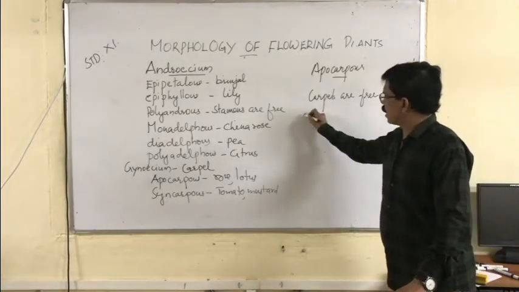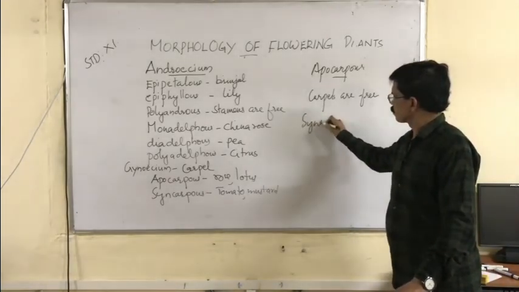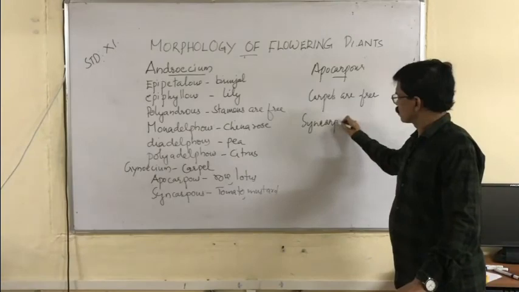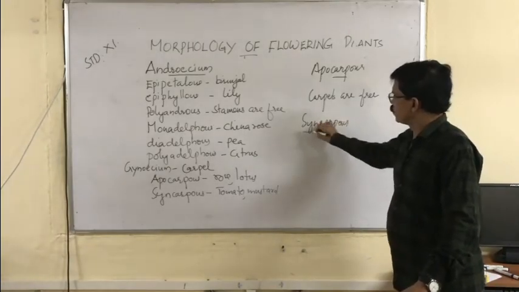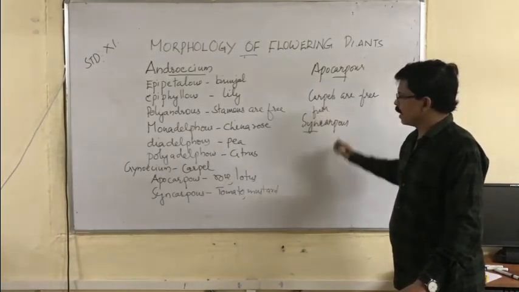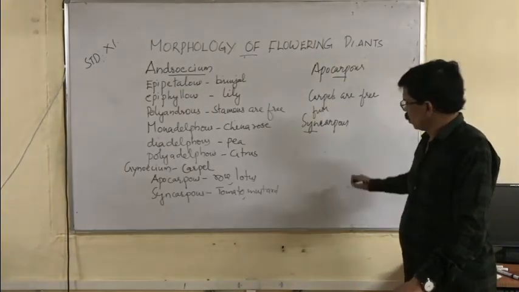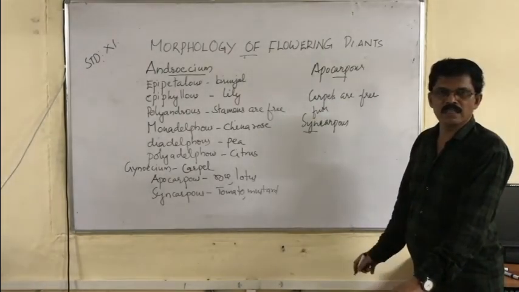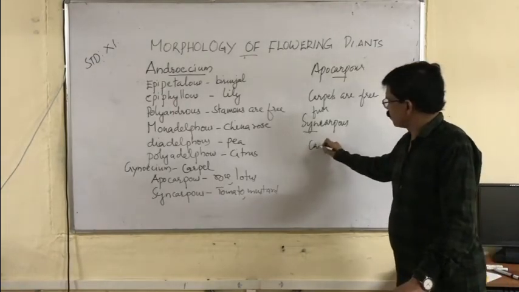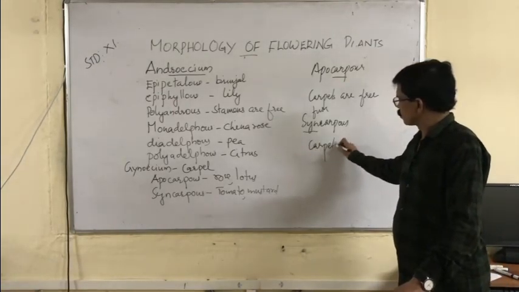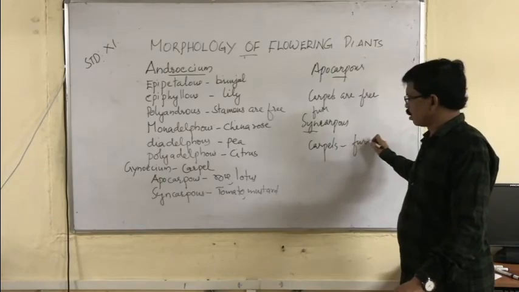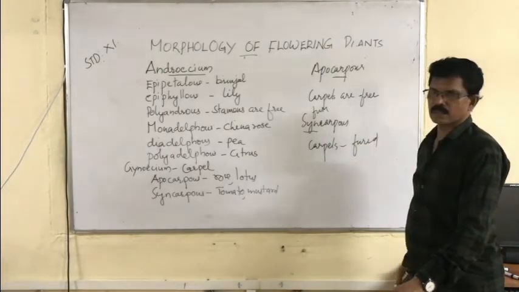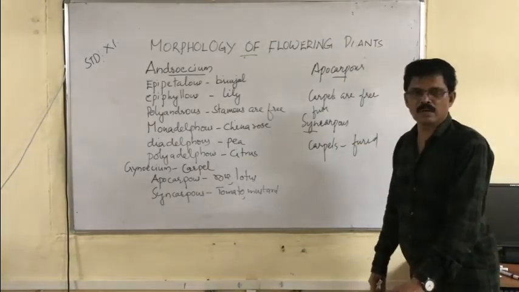Then what is syncarpous? Syn means fused. When carpels are fused, we cannot separate them. That is called a syncarpous pistil or gynoecium, as in tomato and mustard.